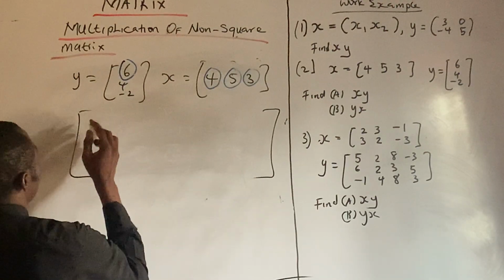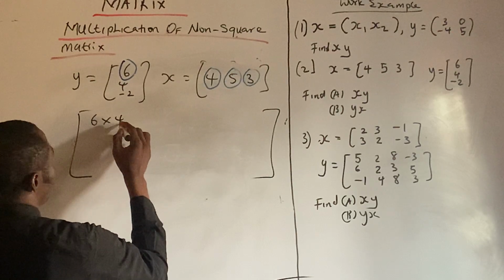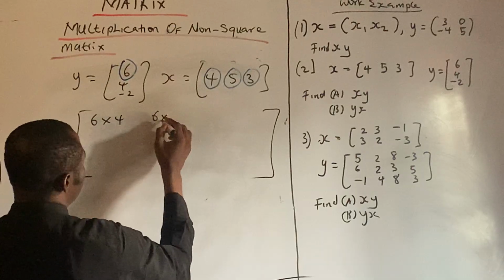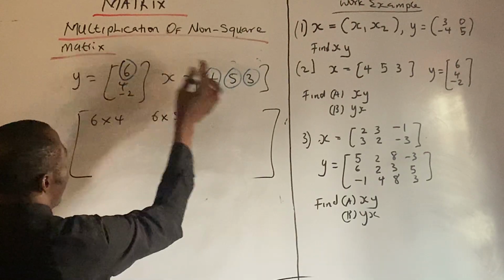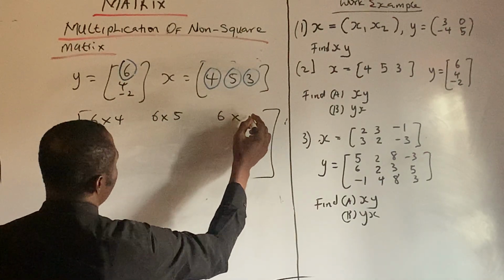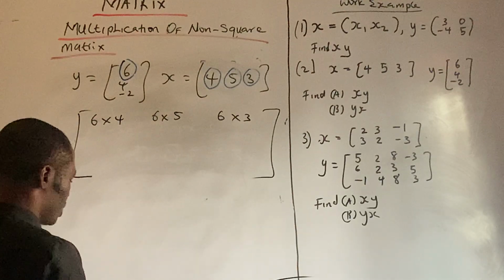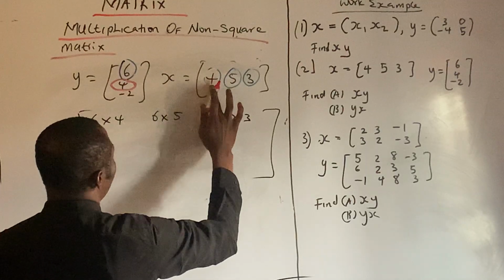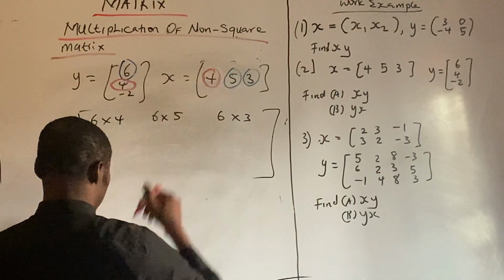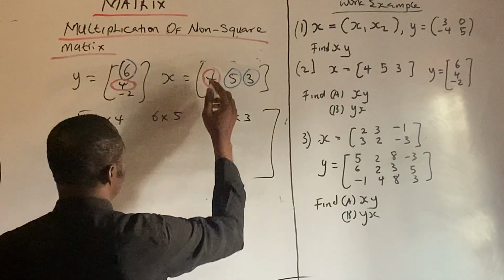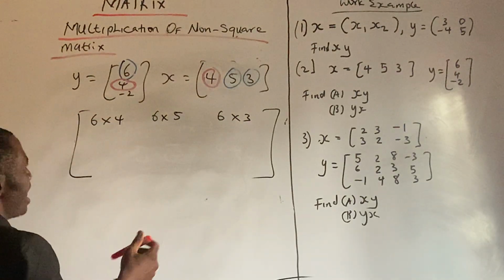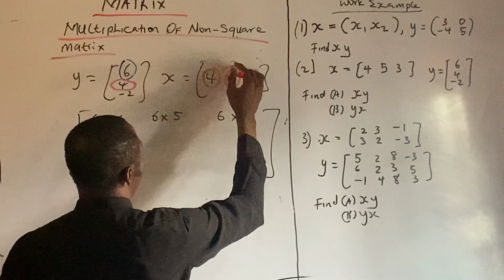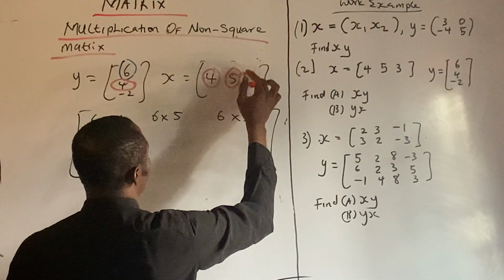It will become 6 times 4 for the first column, and then 6 times 5 for the second one, and then 6 times 3. Having done that, we go to the next one. This matrix will now multiply the 4. This is 4, of course, don't print it out. This is 4, and the matrix will multiply the 5, and the matrix will multiply the 3.